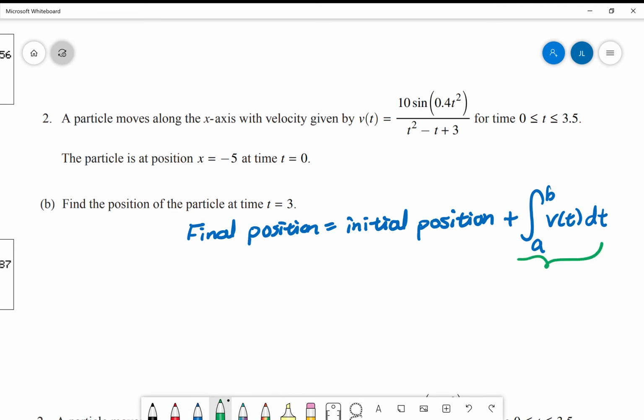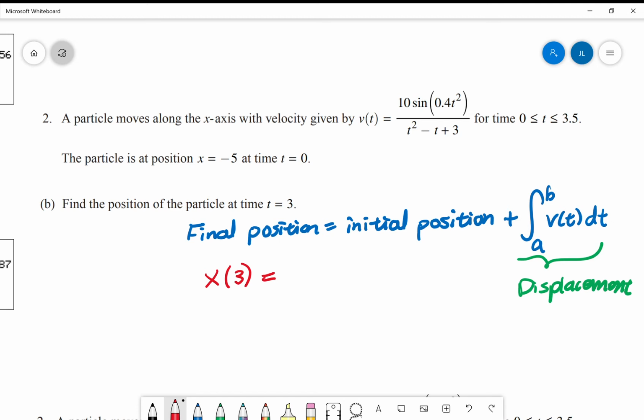This is your displacement. In the context of this question, what we're really looking for is the x value when time t is equal to 3. Right? Notice here that the input is time and the output is x, which is position.